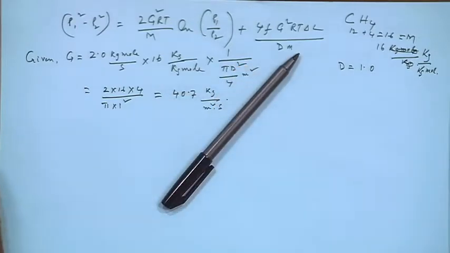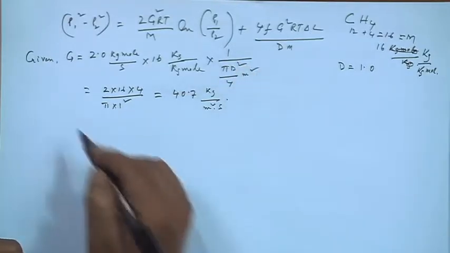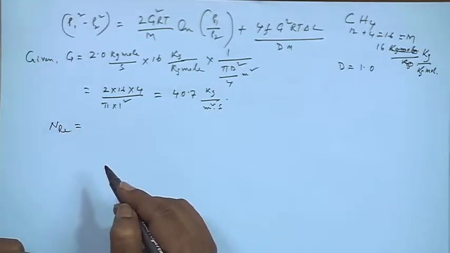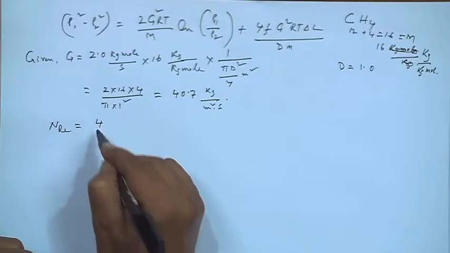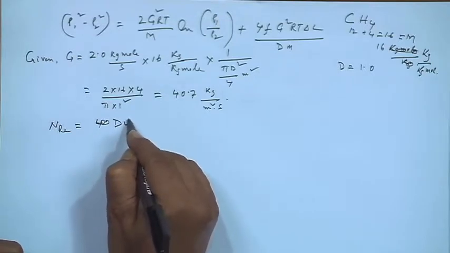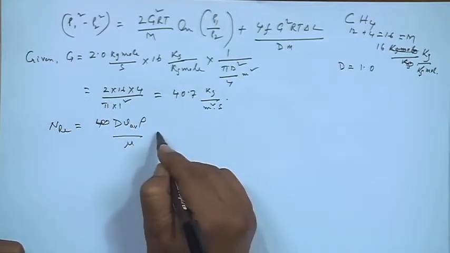So once we know kg per meter squared second, then we can say that NRe is equal to d v average ρ by μ, right.